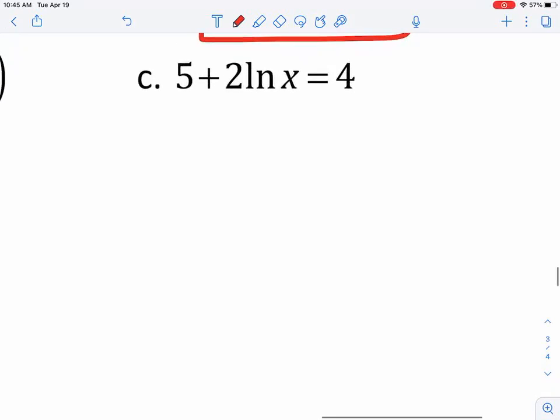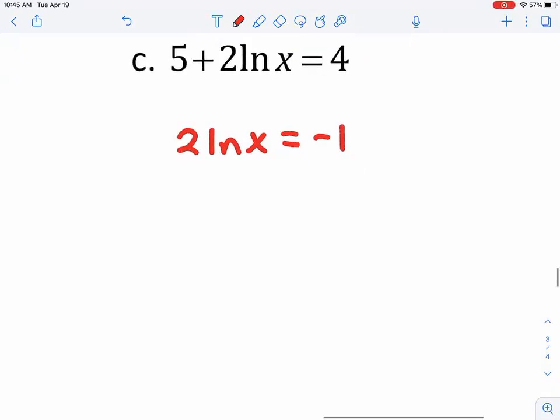So I have 2 times the natural log of x is equal to -1. And then I'm going to divide by 2. So the natural log of x is equal to -1/2.